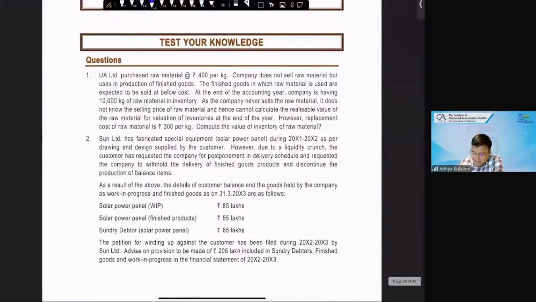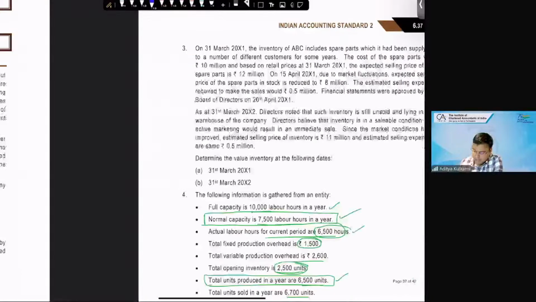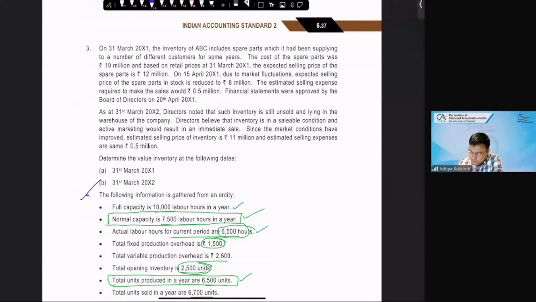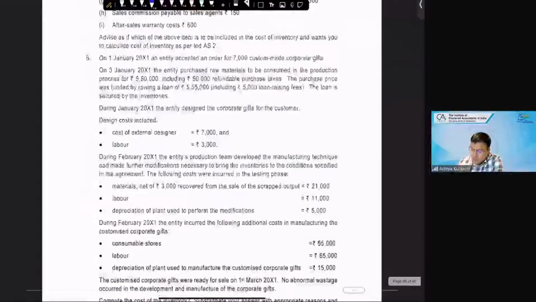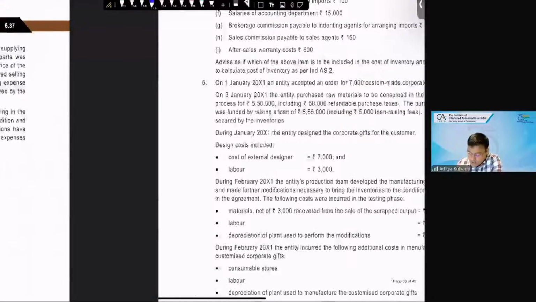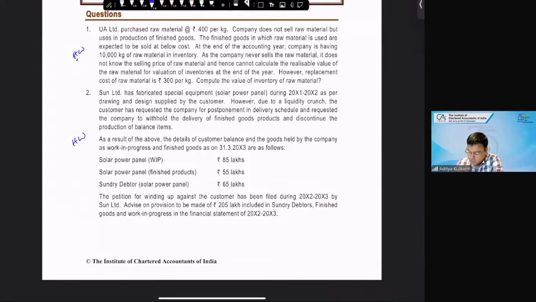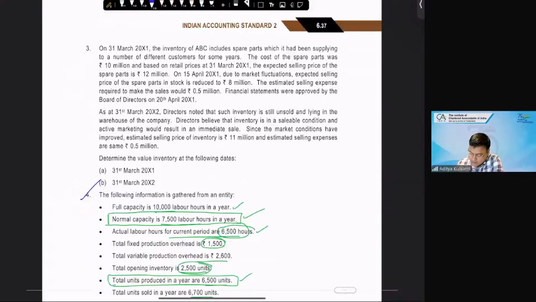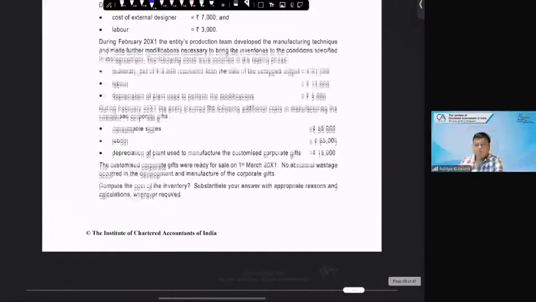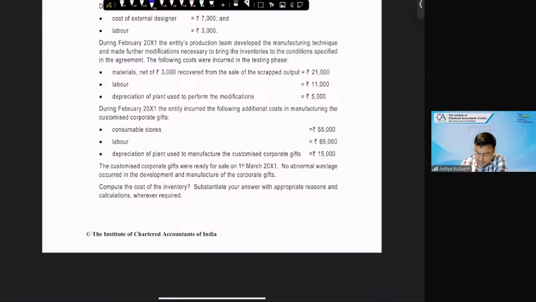My advice, go through these questions for homework. I have done question 4 for you. I'm not interested in 1 and 2 more. I am more interested in question number 6. For me, you try question number 6.